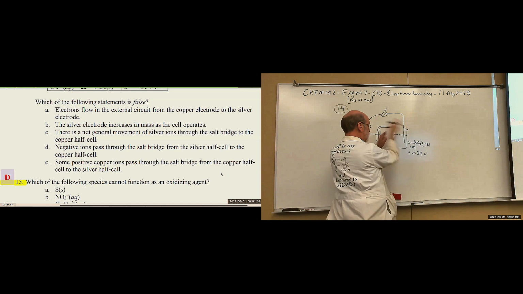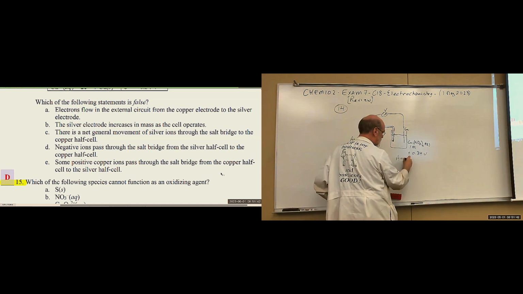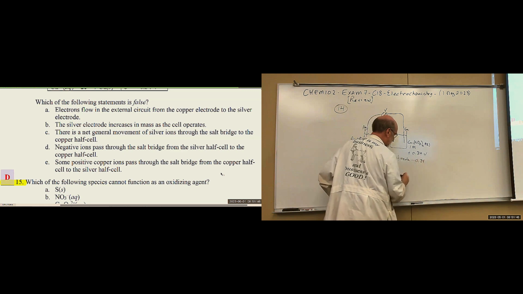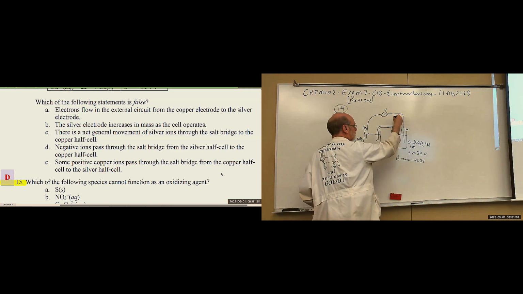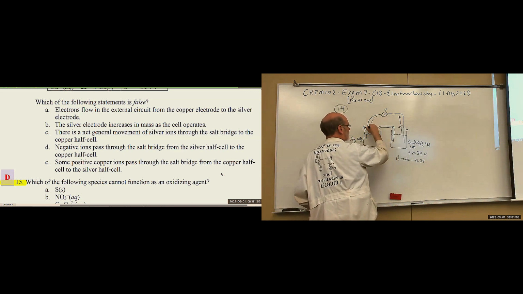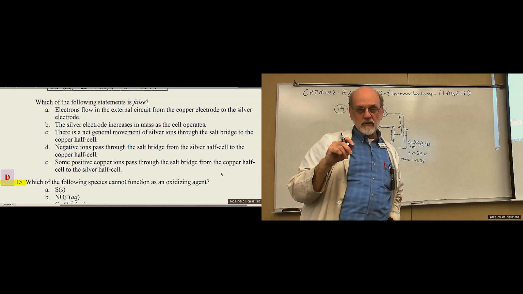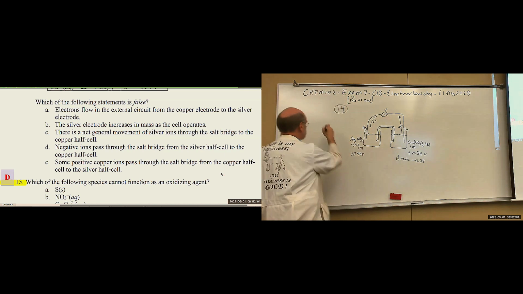So it actually needs to be the other way around. This needs to be the anode at 0.34. So electrons are going to flow this direction. Is that true? Electrons flow copper electrode to silver electrode. Yes. A is true.